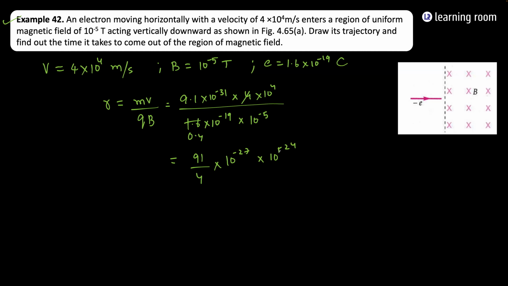The 10 power minus 24 goes to the numerator, it becomes plus 24. So 91 by 4 is how much? It is going to be 22.7 into 10 power minus 3. Right, 22.7 into 10 power minus 3 meter is going to be the radius.